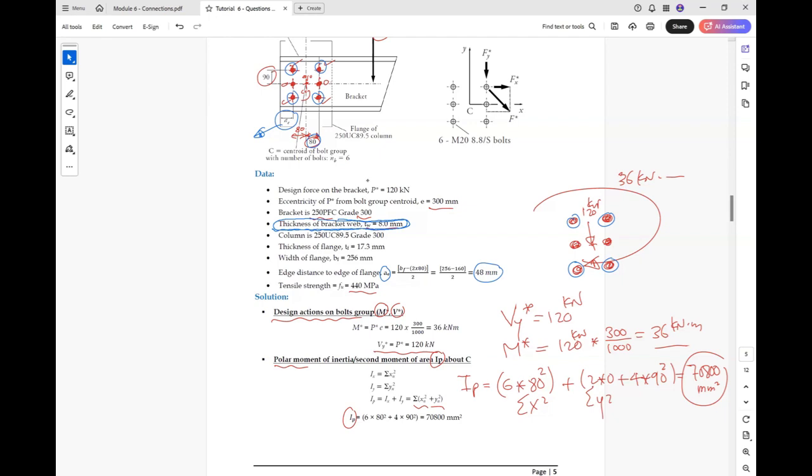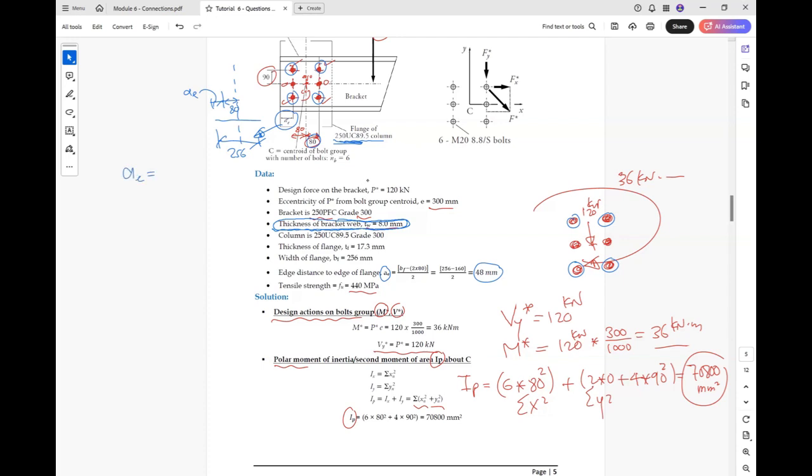Okay, so this is the flange of the column. The bracket is connected to this column 200 UC. If this is the flange width, the flange width of the UC is given as 256. So we have here AE, this is the distance AE, and we have here 80 millimeter.